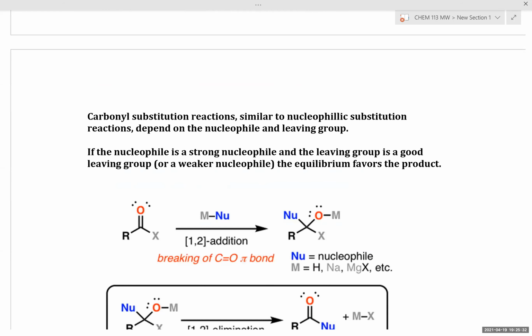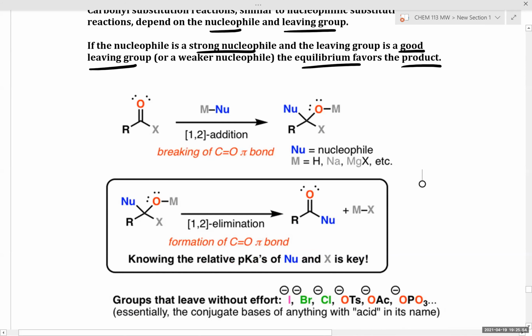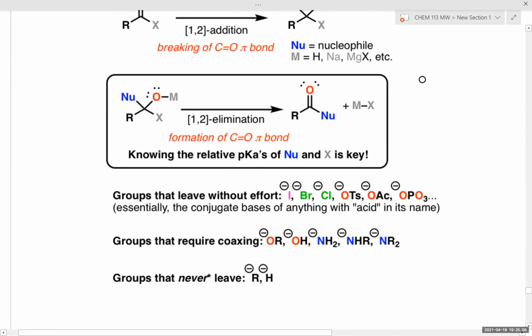So, just to expand on this discussion, carbonyl substitution reactions, similar to nucleophilic substitution reactions, depend on the nucleophile and leaving group. If the nucleophile is a strong nucleophile and the leaving group is a good leaving group, this equilibrium favors the product. So, as we saw, if we have an acyl halide and if we have an anhydride, these are great leaving groups.